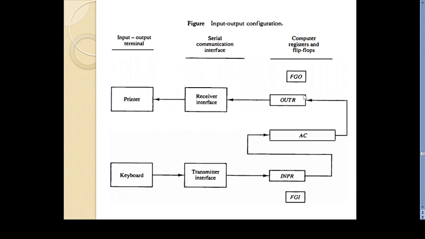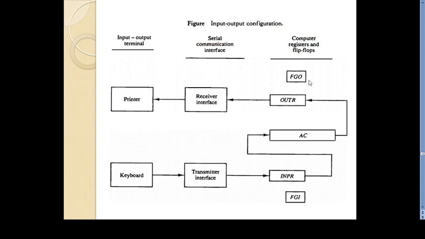Whereas the process for the output flag is different. Initially FGO is set to 1, meaning it has no information, and when the information is transferred to the output register, then the flag bit is equal to 0, meaning it has some data.